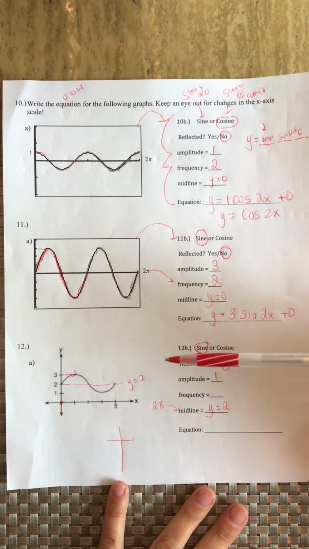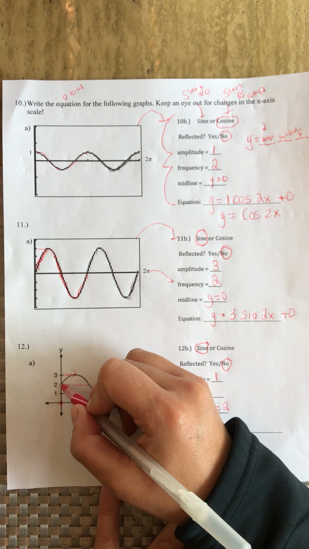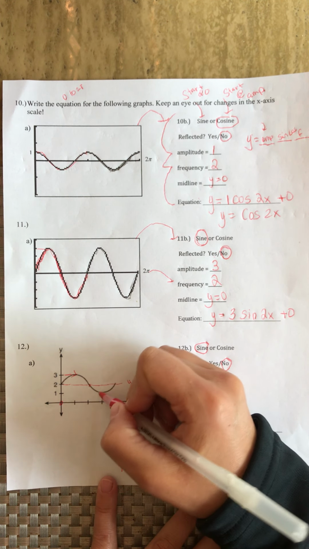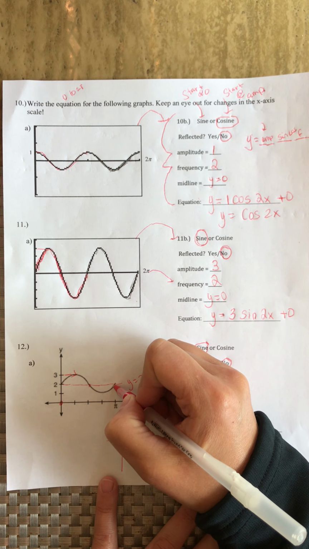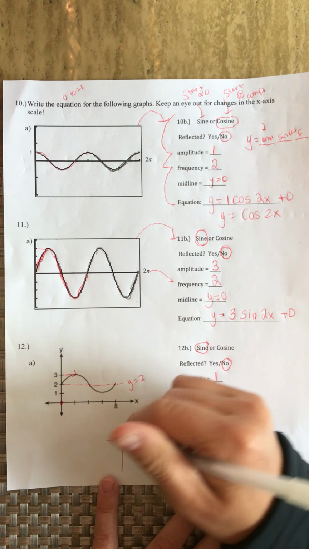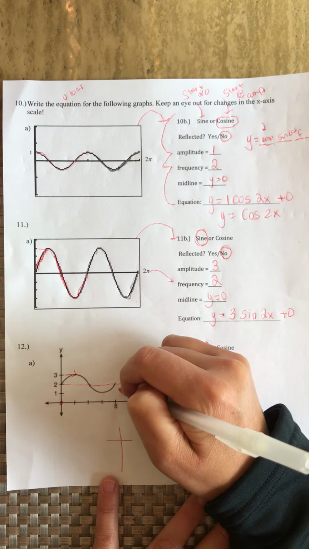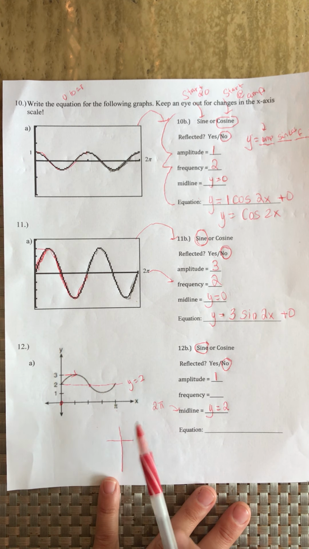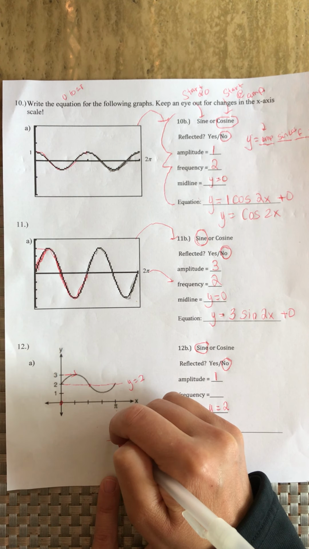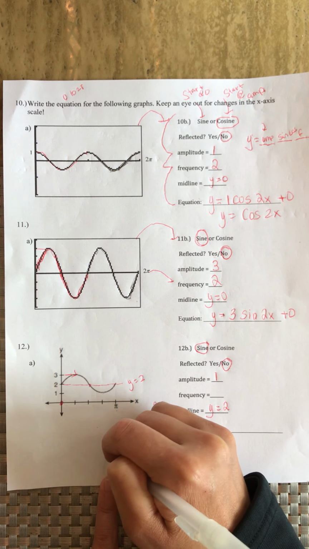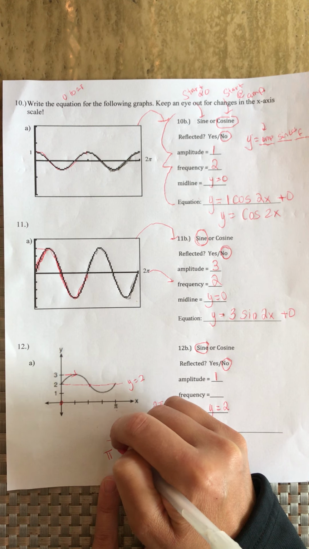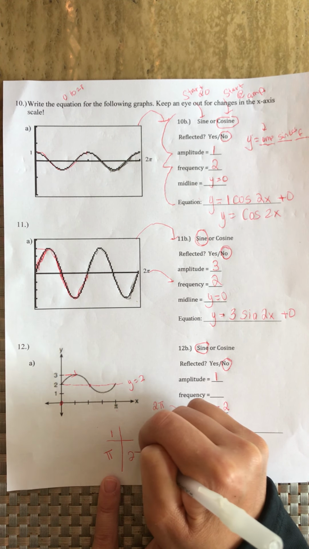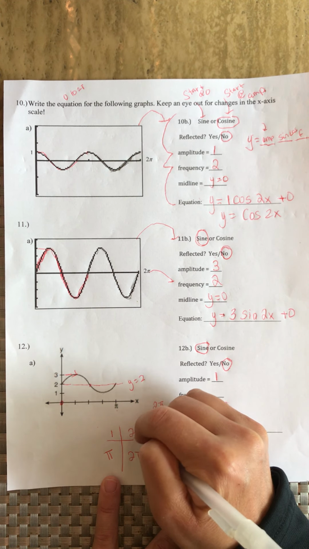Okay, the frequency, we're going to start at 0, midway back to 0, and end at 0. So you guys can see that we have a frequency of 1 here, but that's from 0 to pi. We want to get to 2 pi, so if we have one frequency from 0 to pi, and I need to go ahead and go to 2 pi, I'm going to go ahead and double it.